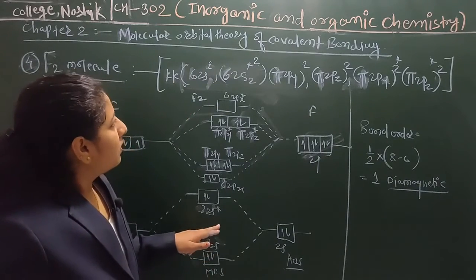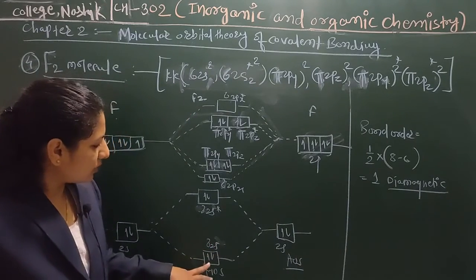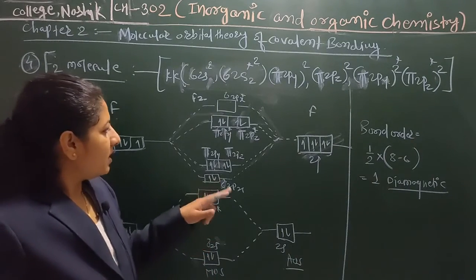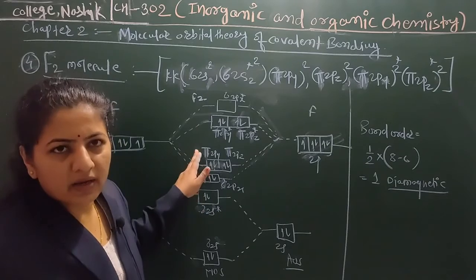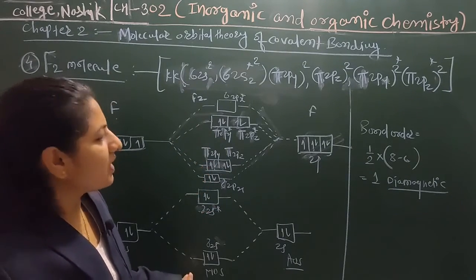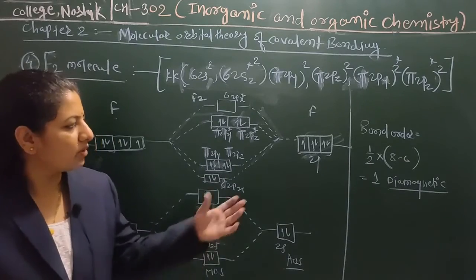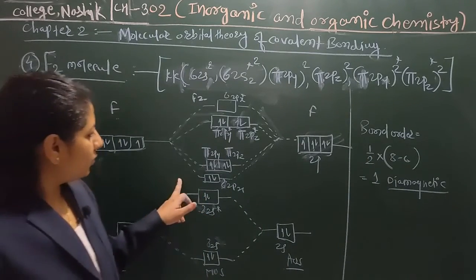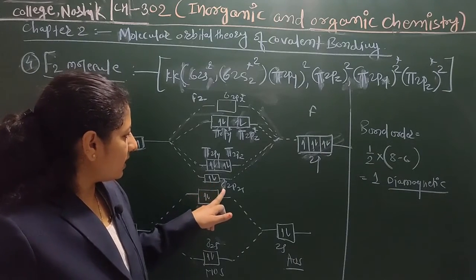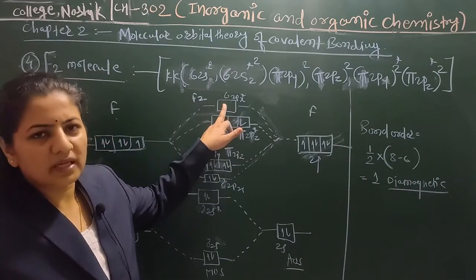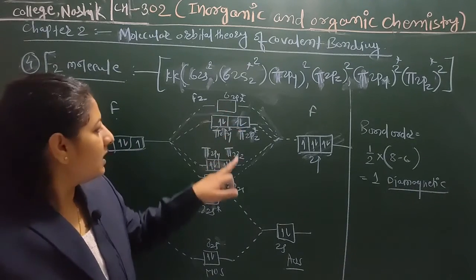Now there are 2 electrons in the 2s orbital, and in the antibonding orbital also only 2 electrons. The remaining 14 electrons will be occupied according to Hund's rule and the Pauli principle in the respective atomic orbitals of these F atoms. In the 2p orbital, there are 2 electrons in sigma 2px, and in sigma star 2px there is no electron; it is empty.